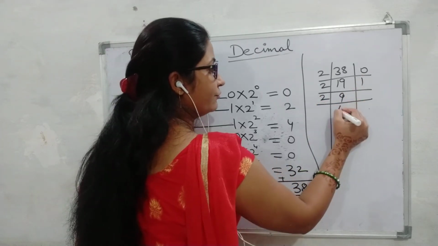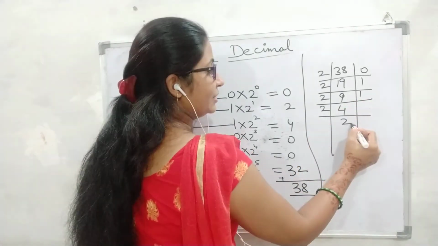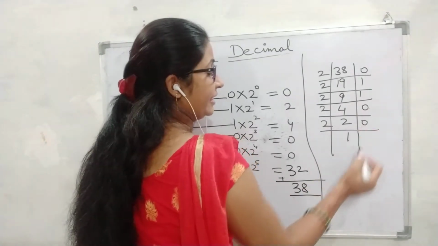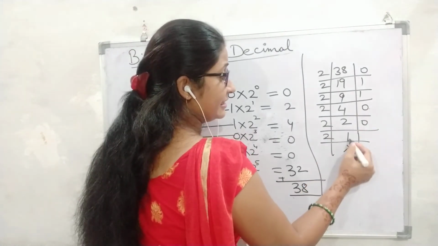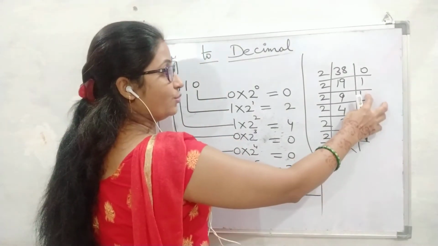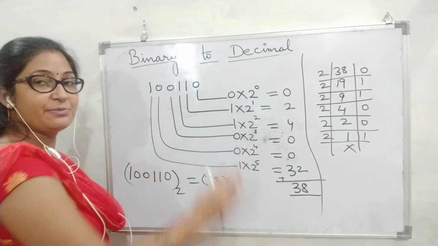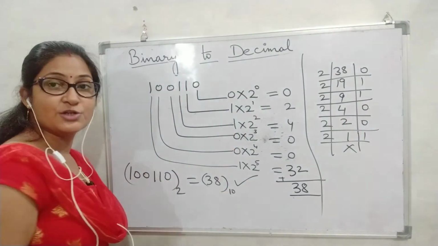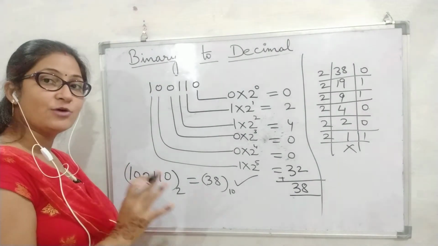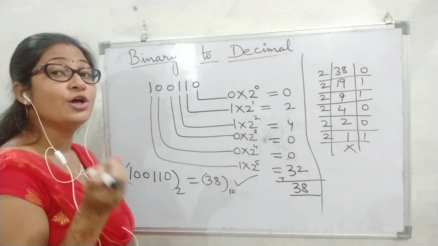Then by 2, 4 times, remainder 1. Then by 2, you divided 2 times, remainder 0. By 2, you divided 1 time, remainder 0. And as this is left 1 as the remainder, so I write it here. So this number is 100110. So that means the calculation is perfectly alright. It's correct. Okay. So this is how you can cross check whether the conversions are correct or not.